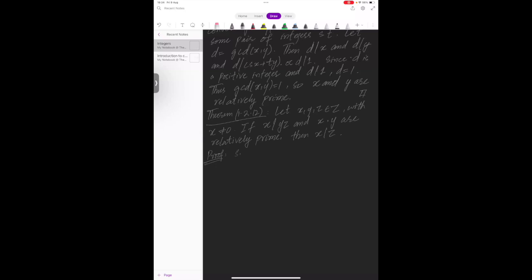Since x and y are relatively prime, there exist s, t inside the integers such that 1 is sx plus ty.